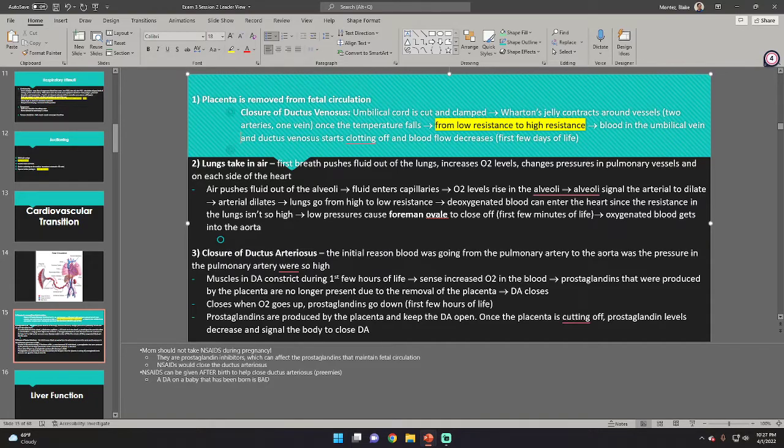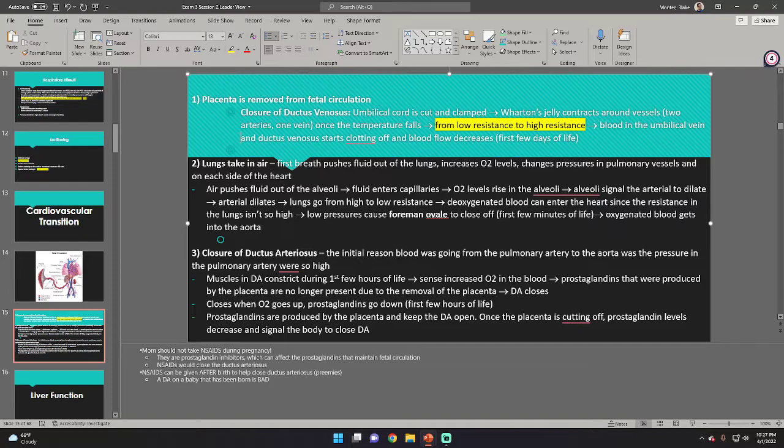Alrighty, with the closure of the ductus arteriosus, the initial reason blood was going from the pulmonary artery to the aorta was that the pressure in the pulmonary artery was originally really, really high. Okay? So it's all about pressures changing. The muscles in the ductus arteriosus are constricting during the first few hours of life due to sensing increased oxygen in the blood.